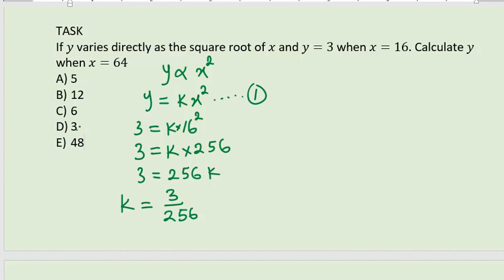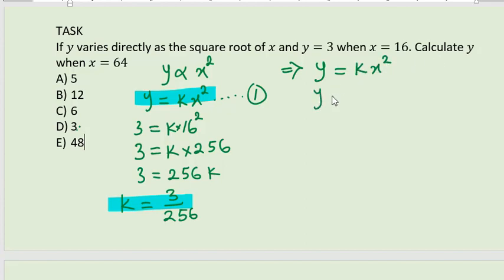Okay, what are the things you've gotten? You've gotten the general equation and a value of k. Let's proceed. From this point, you can go on to solve for the next part of the question that says calculate y. So for you to calculate y, you bring back the general formula which says y equal to k times the square root of x. So they are calculating for y, right?